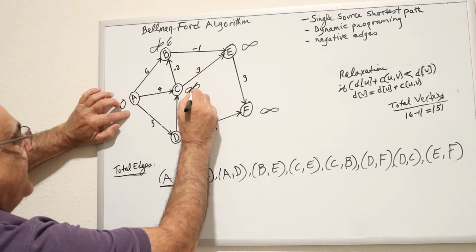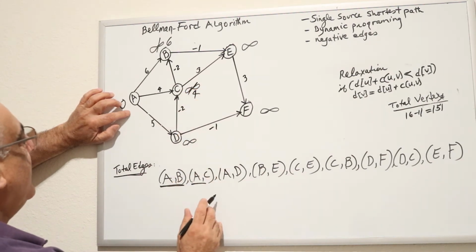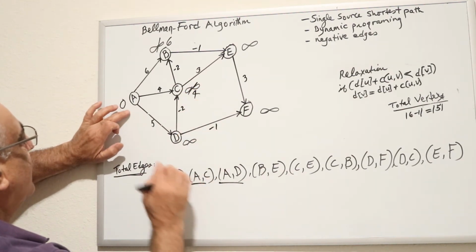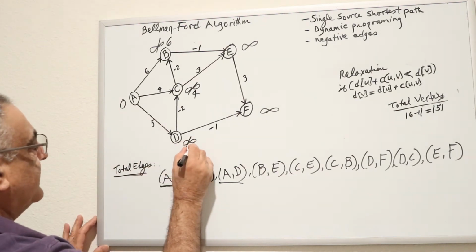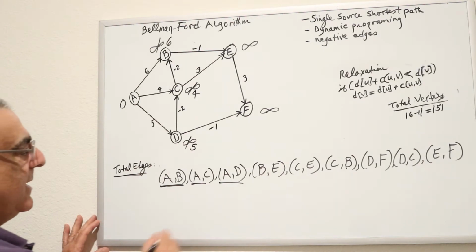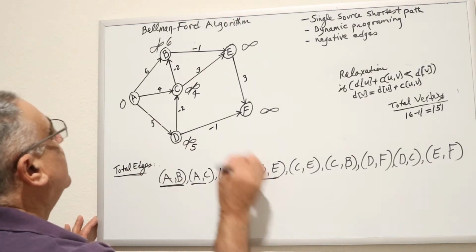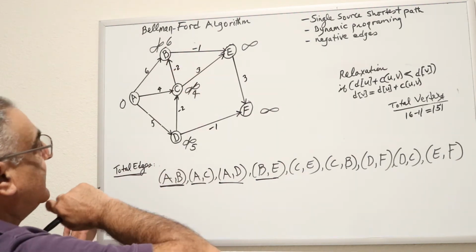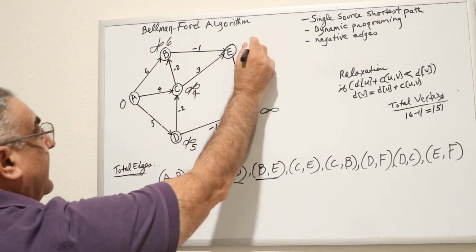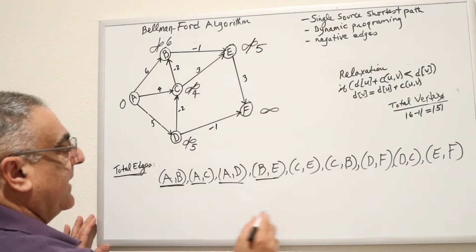That's better than infinity, so I put 4. A to D, 0 plus 5, 5 is better than infinity. B to E, 6 plus -1, that's a 5, so I put 5 in.